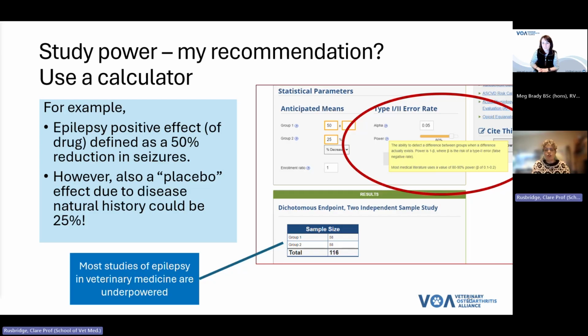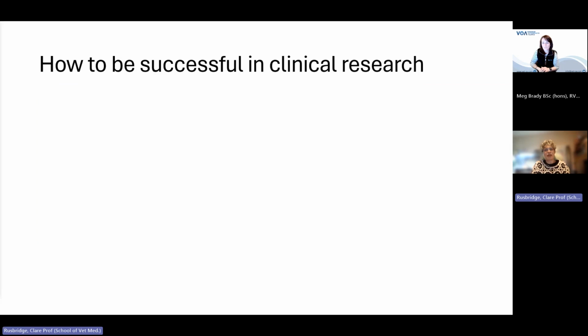It may be useful to know how to be successful in clinical research. These are a few of my tips: integrate it into your service provision. So if you are a nurse running a geriatric clinic, then have routine questions that you always ask, and therefore you're able to come back and look at the answers to those questions.